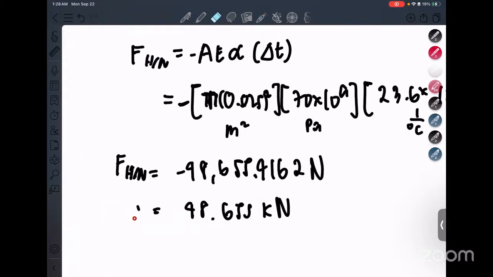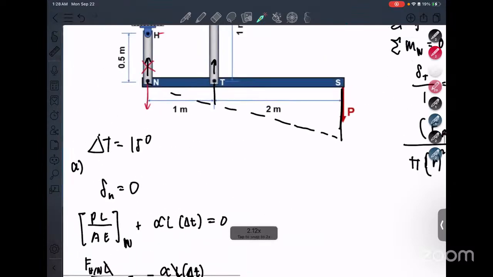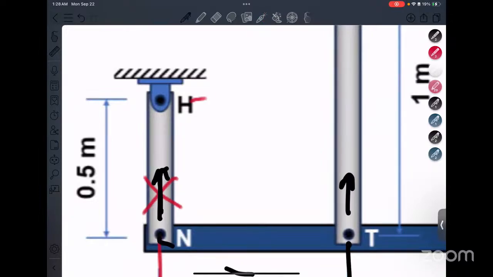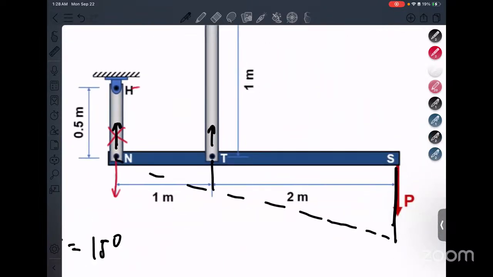You should get FHN equals this entire term, right? The important part here is to understand why it is negative. We assumed at the start that this is an upward force because essentially the whole bar will go down, and therefore bar NTS will go down, and therefore bar HN will try to resist the bar going down, so it will create a tensile force.